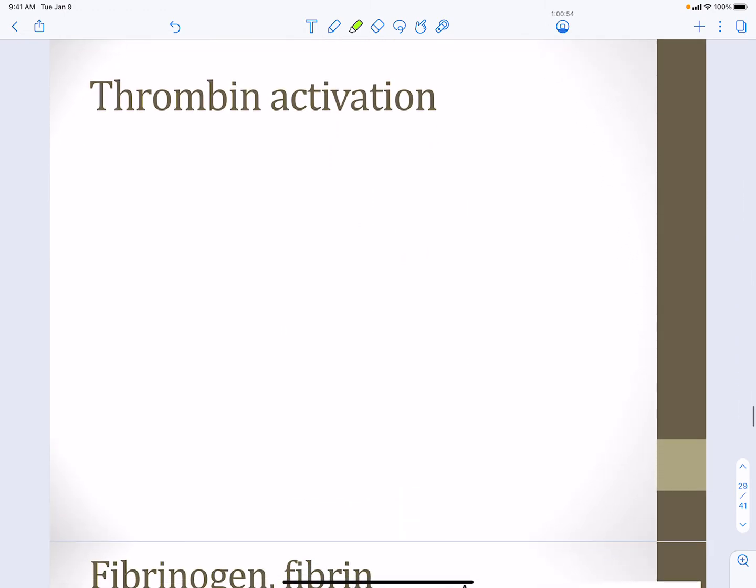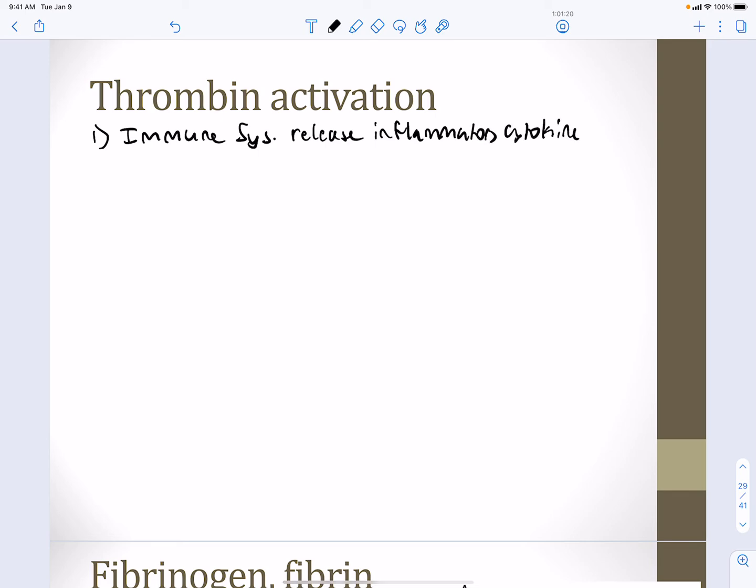Now, what does thrombin activation do? Well, you're going to have a lot of things happening. The first thing is you're going to have your immune system. In your immune system, you will release inflammatory cytokines, and they're called interleukins.